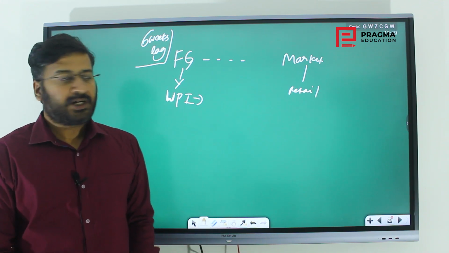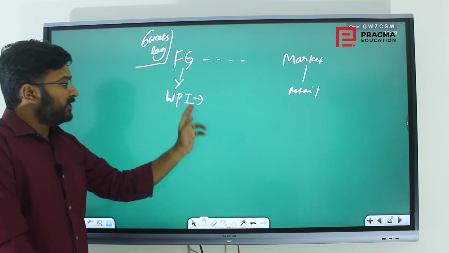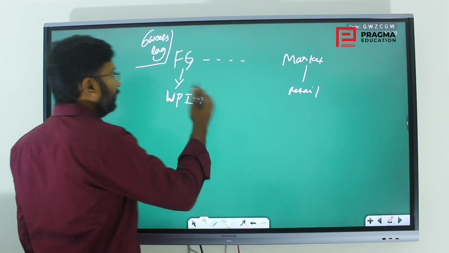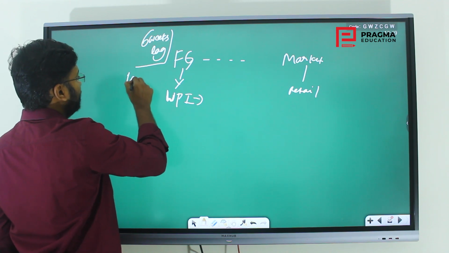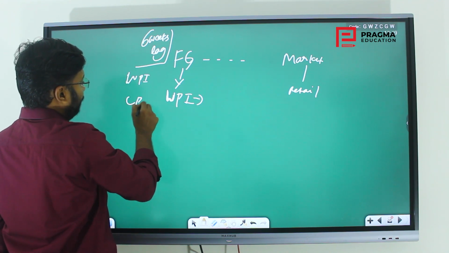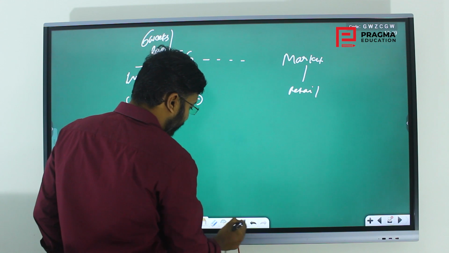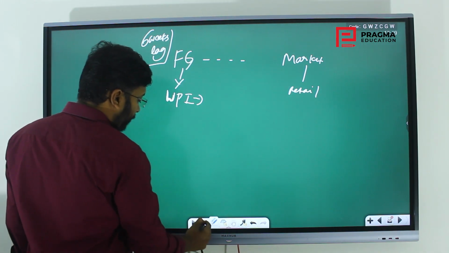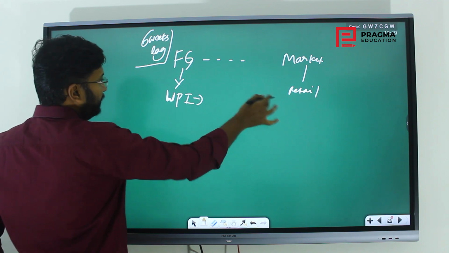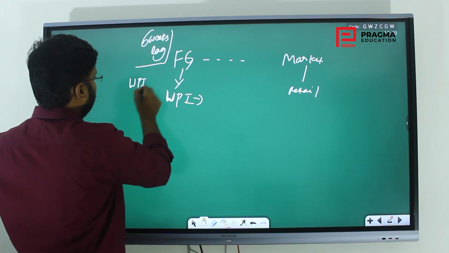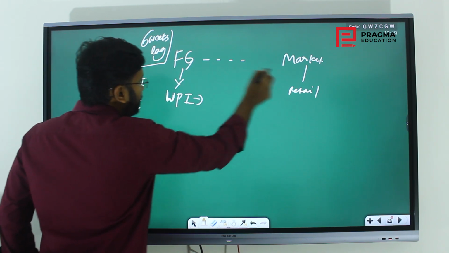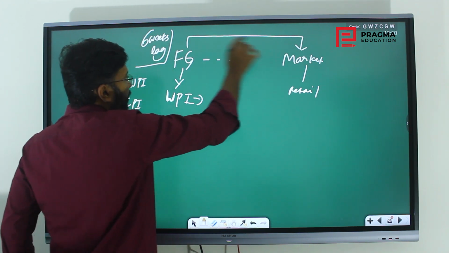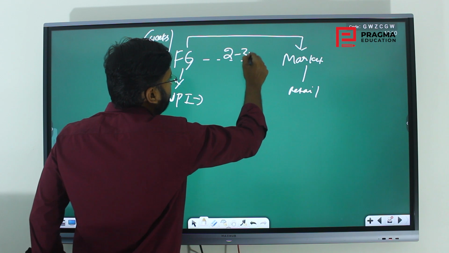So it is very difficult. So with a 6 weeks lag, the indices are released, both WPI and CPI. And this gap, when the products move from factory gate to market price, will be between 2 to 3 months.